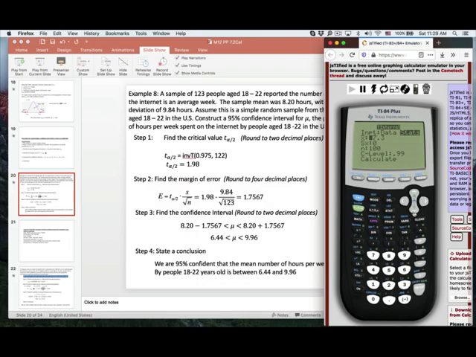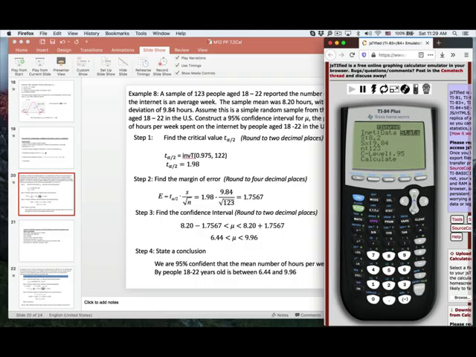So sample mean, that will be equal to 8.2. The S here is the sample standard deviation, okay? Make sure the question is given the sample standard deviation. That'll be 9.84. Sample size is 123. And we are working on 95%, so 0.95.